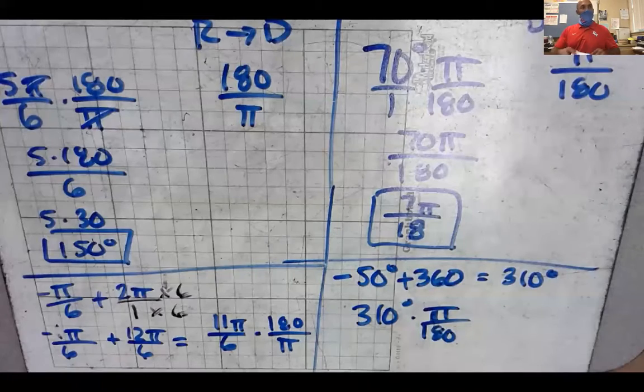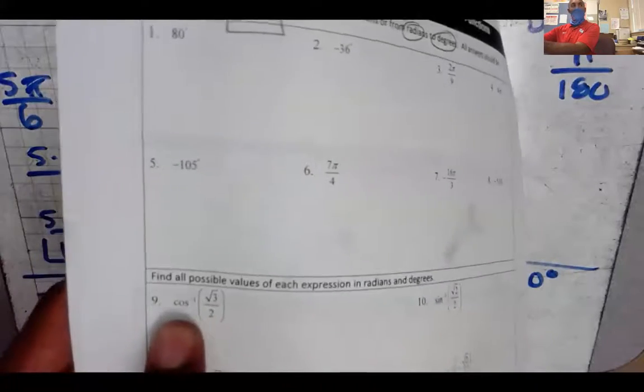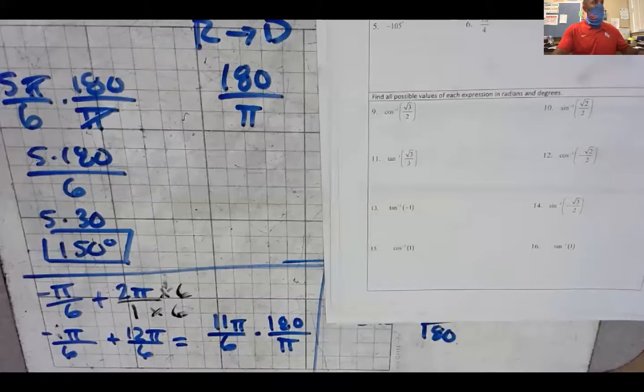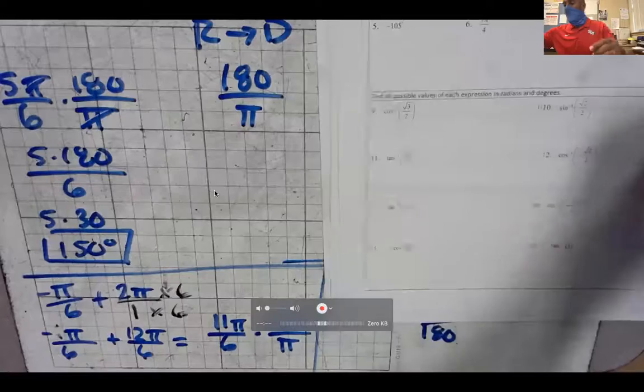Okay, lastly, this section here, where it says find all the possible values of each expression. So what you're gonna do is, if you notice, it's already in inverse, like it says cosine inverse of square root of 3 over 2. So what you'll do, and I know it says find all possible values.